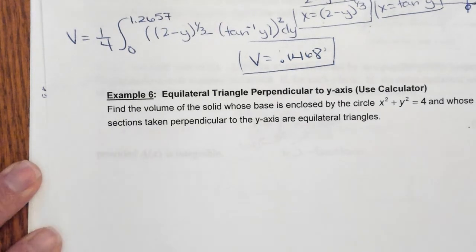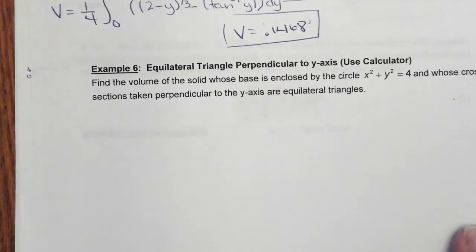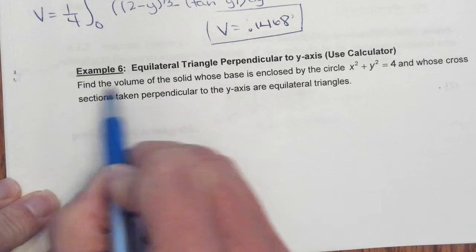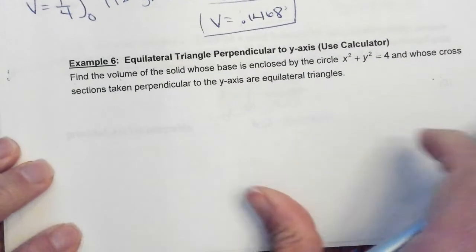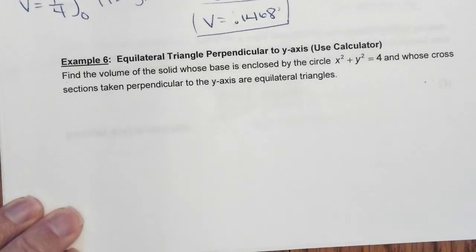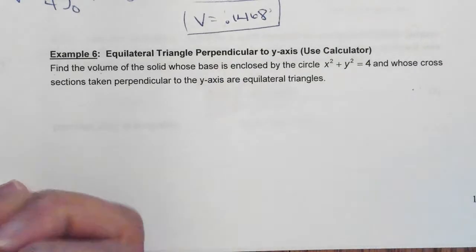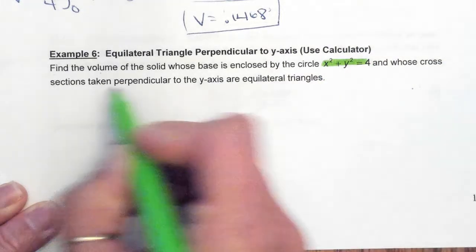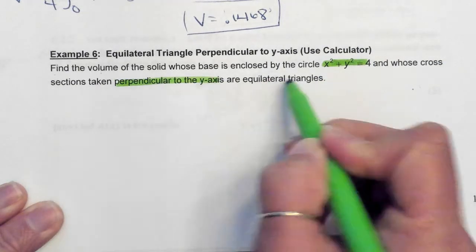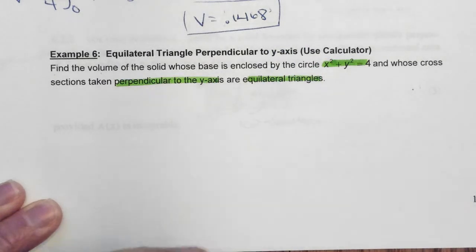Hang on. Okay, so we need to find the volume. I'm ignoring this right here because you'd be given a problem like this. We're going to find the volume of a solid whose base is enclosed by a circle. Okay, so we have a circle whose cross sections are taken perpendicular to the y-axis and are equilateral triangles. Okay, so a couple things.